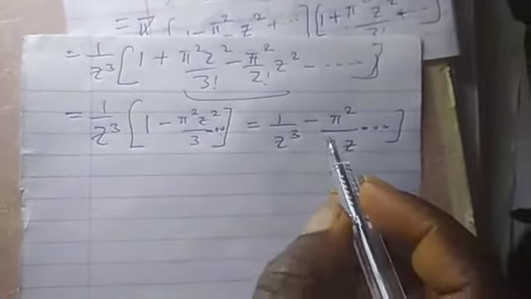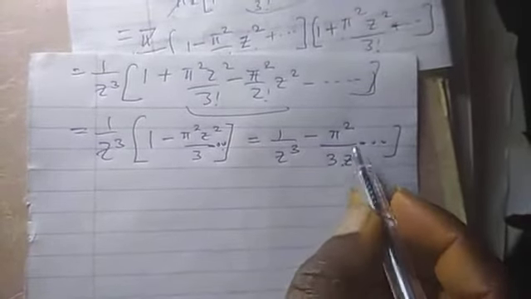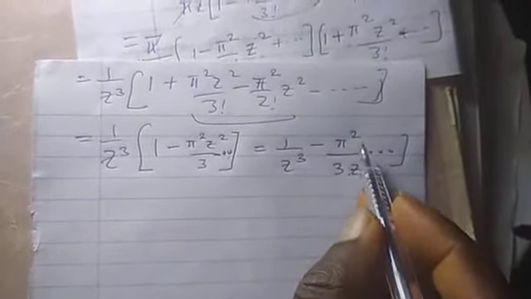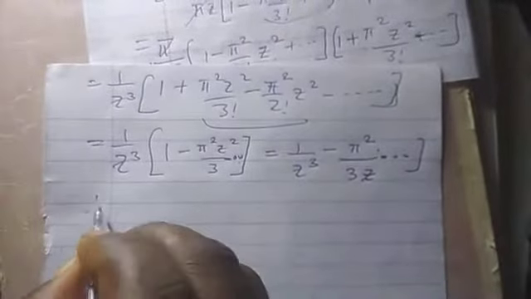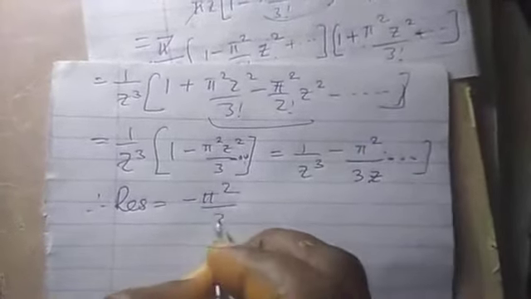By Laurent series, by definition of residue, we know that residue is the coefficient of 1 over z. Therefore, our residue is equal to minus pi squared over 3. So we have found the residue. When this one fails, we apply Laurent series to get our residue.